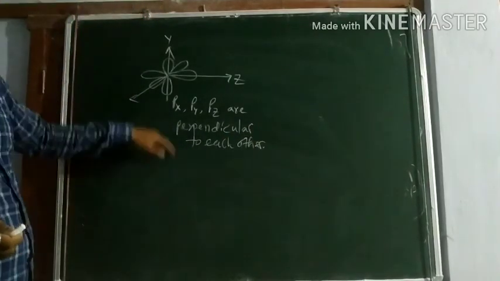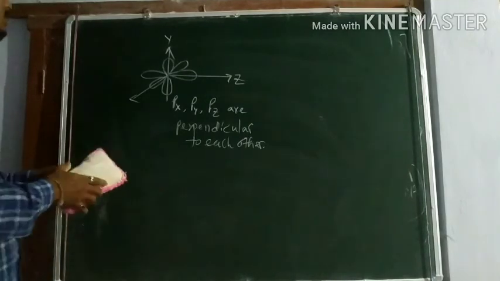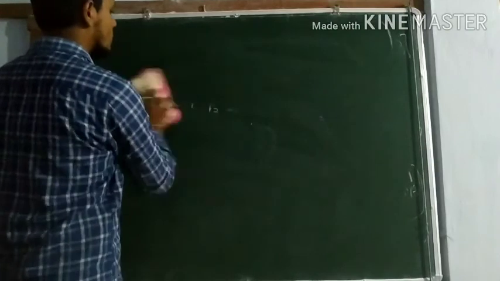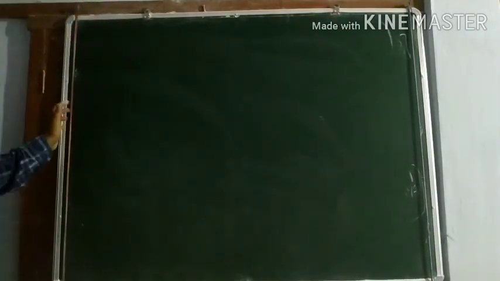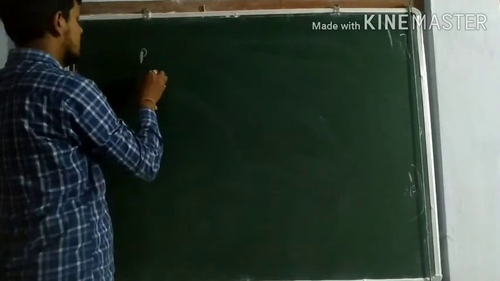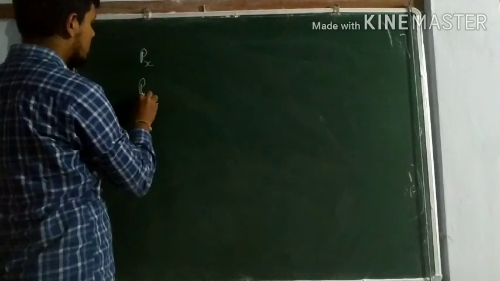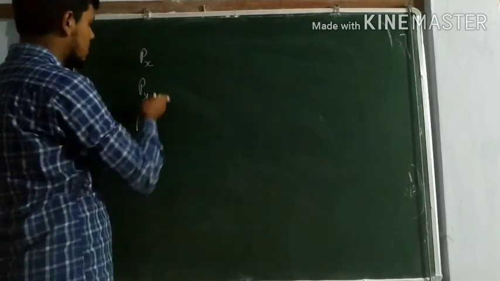Okay, so all these 3 are perpendicular to each other. Now I have px orbital, I have py orbital, I have pz orbital. So these are orbitals.